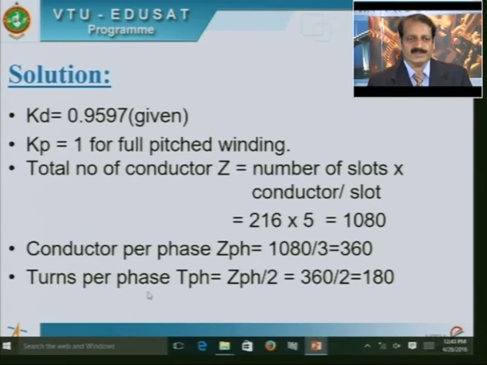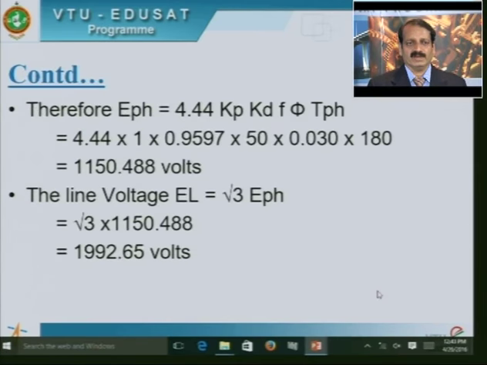Total turns per phase is equal to Z phase by 2, because 2 conductors constitute 1 turn, and Z phase divided by 2 will give us 180. So, turns per phase is equal to 180.